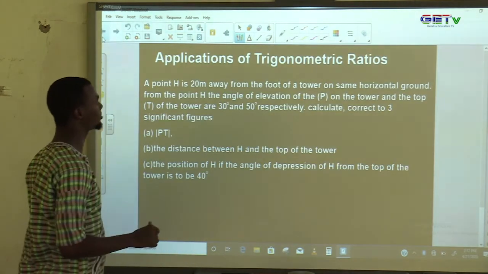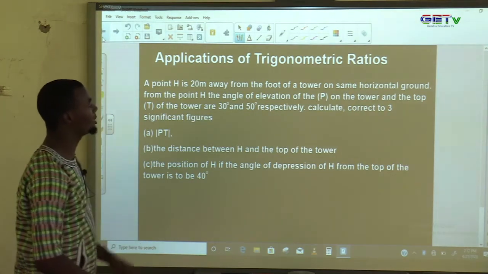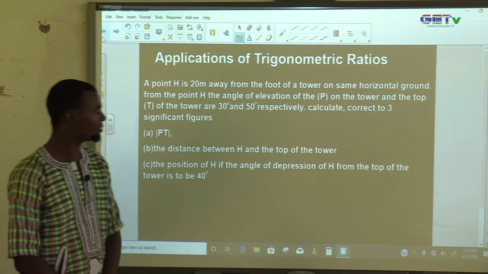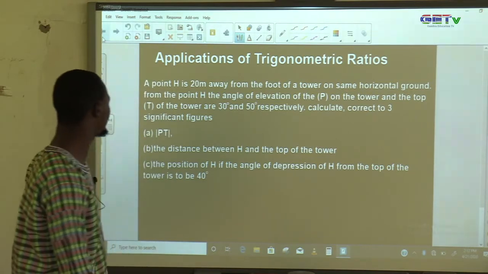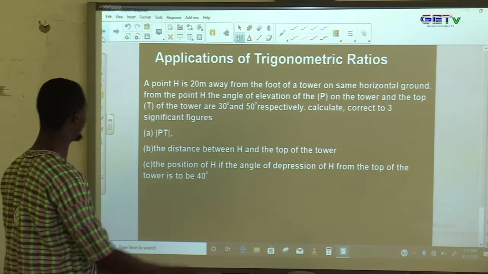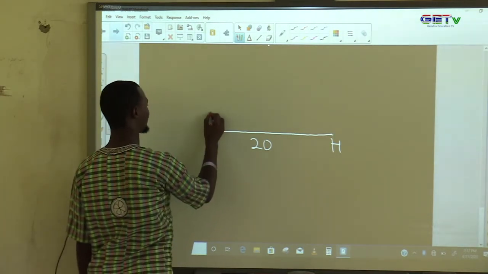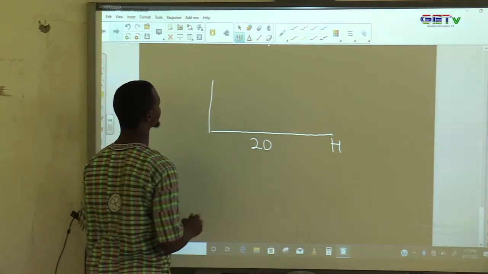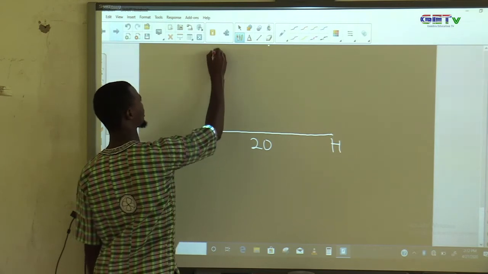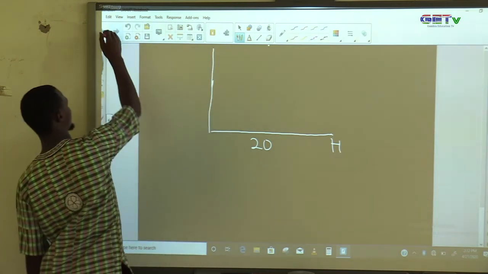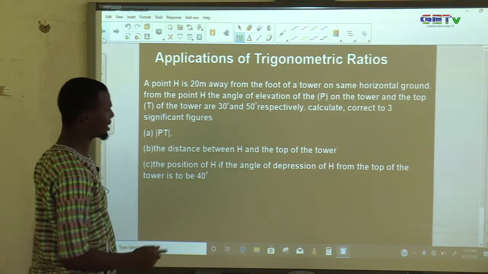Let's look at the next one. That is the foot of a tower. Let's say this is the tower, going up, on the same horizontal ground.